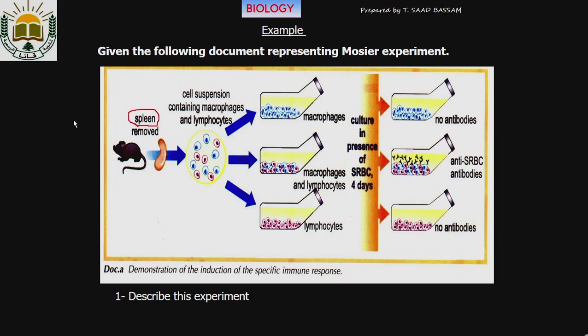The spleen has a role in immunity, but its removal does not affect the immune system in a severe way.